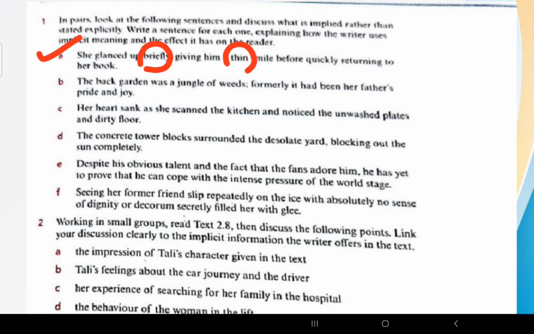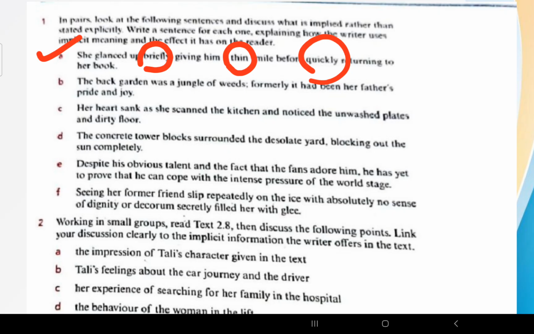Then a thin smile, the word thin is also telling us something. Then quickly returning to her book. These words, briefly, thin, and quickly, are telling us a story, and we need to understand that story, if we have to write what the writer is trying to suggest in this line.